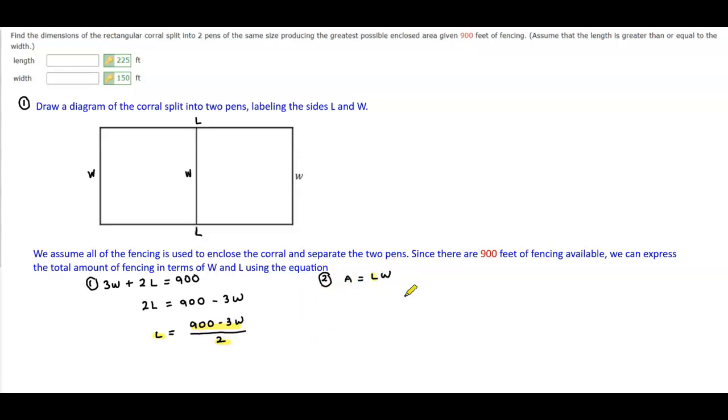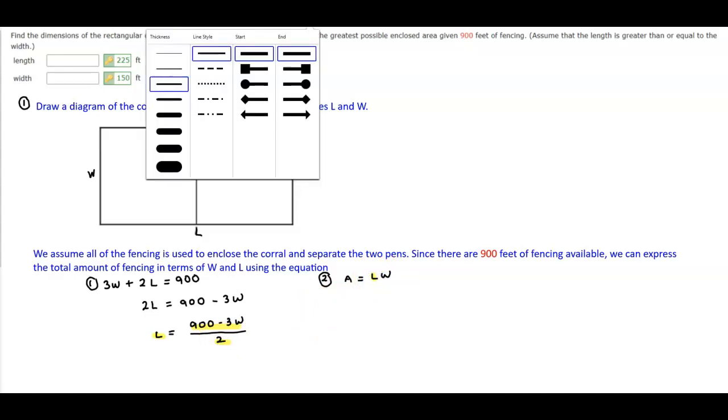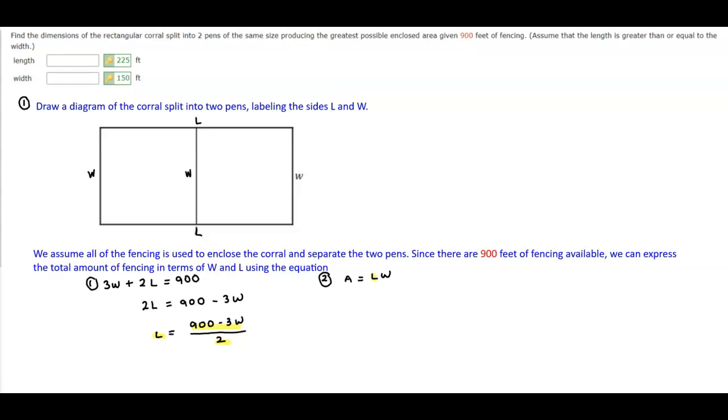So in step 2, the area is going to equal the length, which is 900 over 2 minus 3W over 2, since it shares the denominator, and then we multiply that by W.